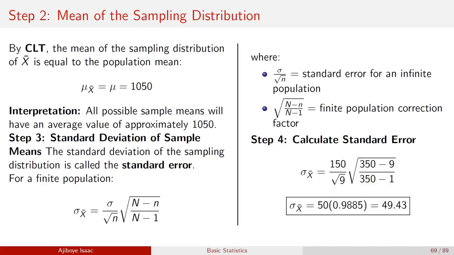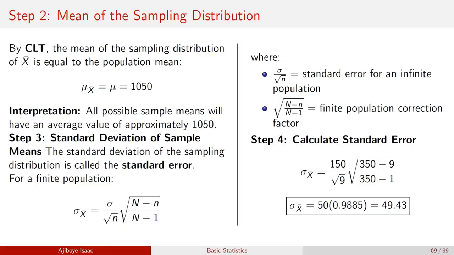By the central limit theorem, the mean of the sampling distribution is equivalent to the population mean, and that is 1050. So by interpretation, if all possible sample means are considered, and we take the mean of all the means of the samples, it will be approximately 1050.